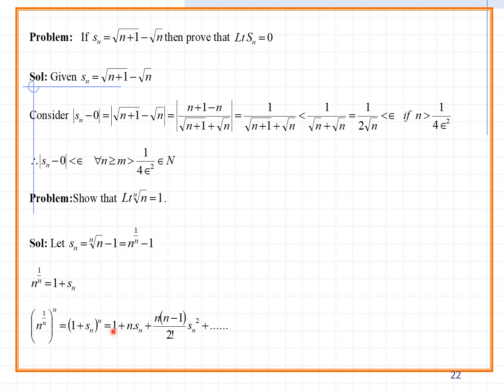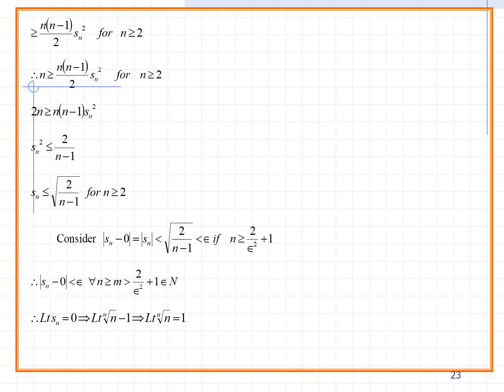This can be written like the sequence 1 plus x power n, expanded as 1 plus n into Sn plus n into n minus 1 by 2 factorial Sn square, like the nC0, nC1 binomial formula. Then n is greater than or equal to n into n minus 1 by 2 Sn square for all n greater than or equal to 2.